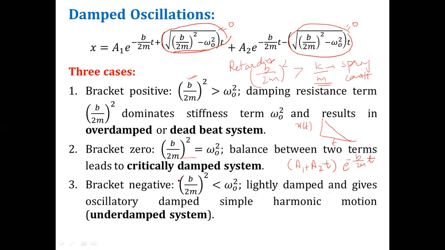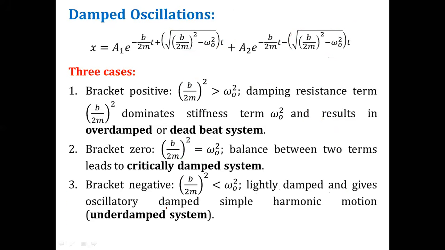The third case, which we are going to talk about in some detail, says that if b upon 2m squared is less than omega naught squared, what would happen in that case? Let's talk about this here itself. In that case, I can rewrite these terms within the bracket in this form also.